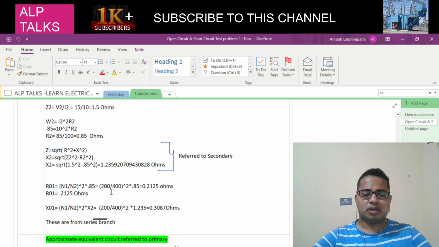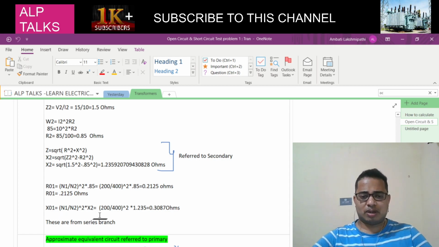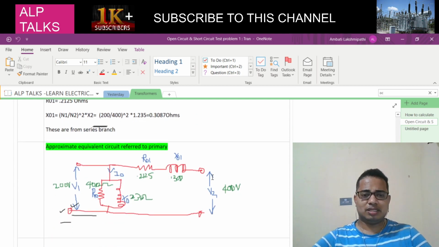So in this way, 200 by 400 whole square into 0.85, that is the secondary side resistance, so that is nothing but 0.2125 ohms. Similarly we can calculate X01 also. That X01 we convert to the primary side, and it will be 0.3087 ohm. So these are the series branch components we got.